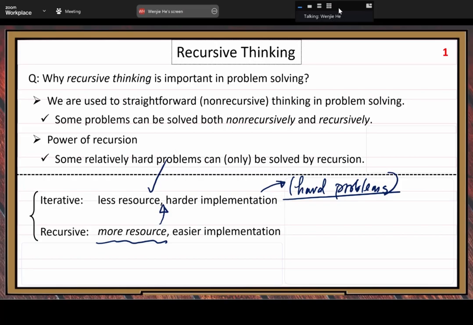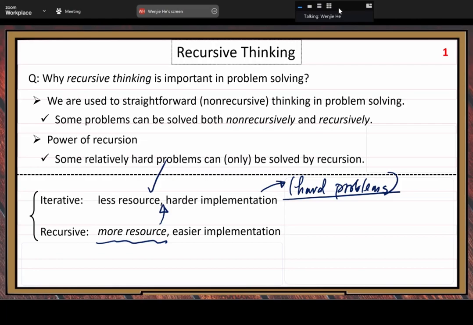Yeah, internal mechanism. So let me explain the idea of that internal mechanism for supporting recursion.